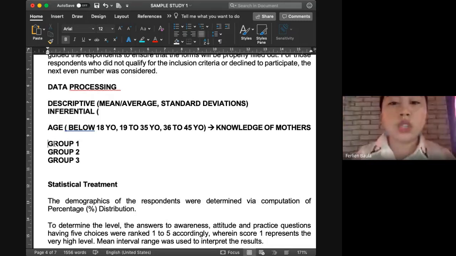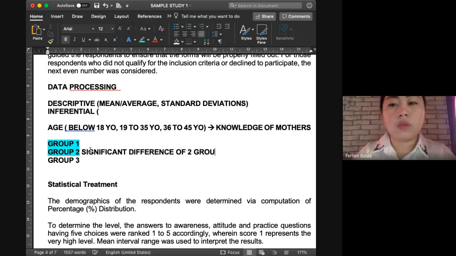Just a primer, if you can remember, if you will compare significant difference of 2 independent groups, we will utilize t-test.